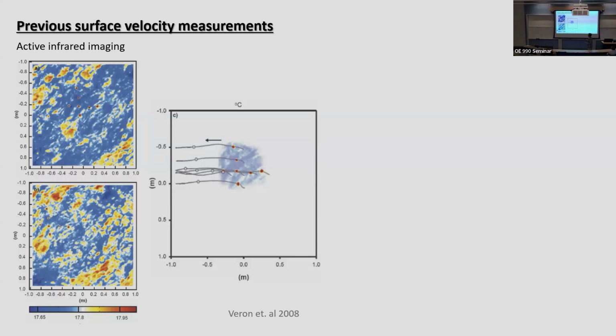It's hard to see over here, but these red spots, right here, here, here, and all these locations, are remotely heated thermal spots on the water surface, right?